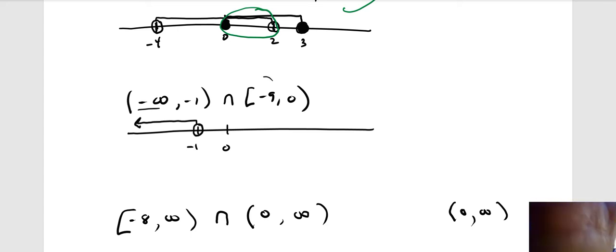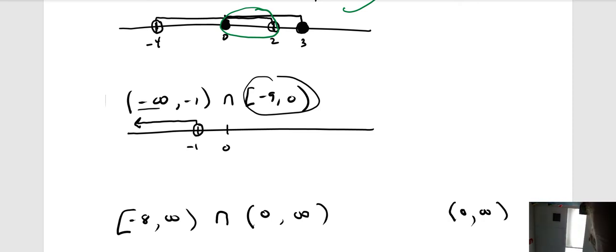Okay, next set, this stuff right here, -9 to 0. So -9 is over here somewhere. It's not really important to get it in exactly the right place. Hard bracket means that when I circle this, I'm going to shade it because it's including the -9. And this thing ends at 0. Looks like this.